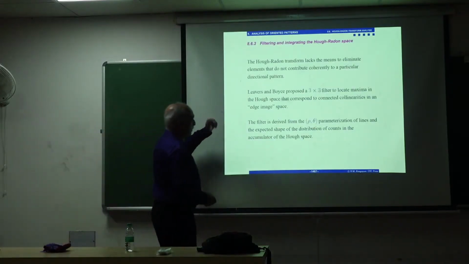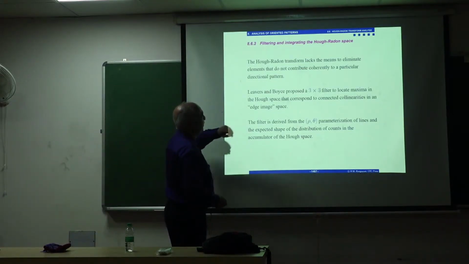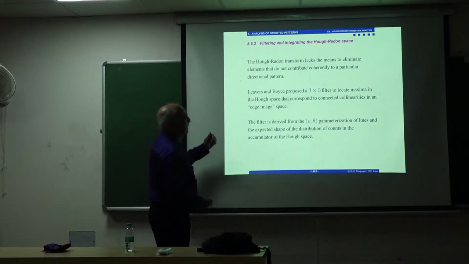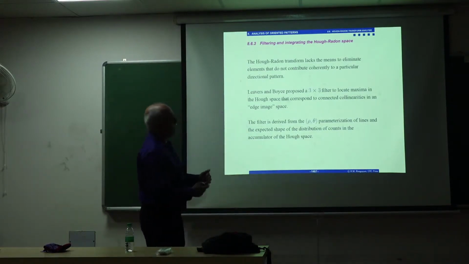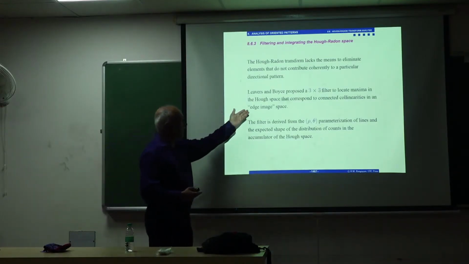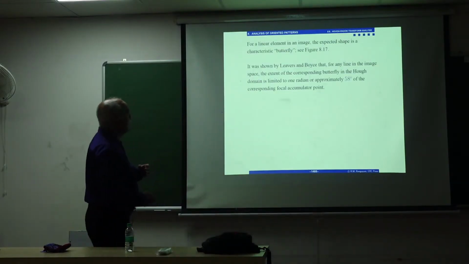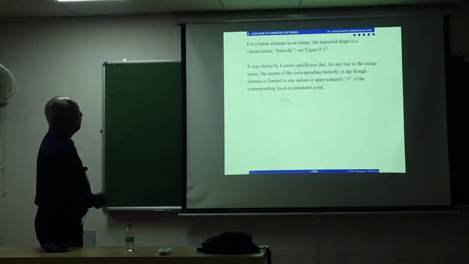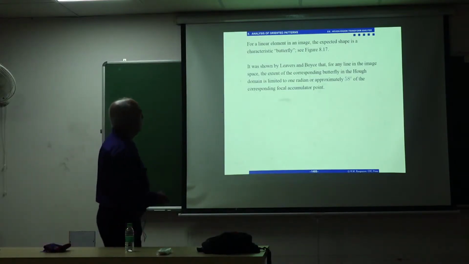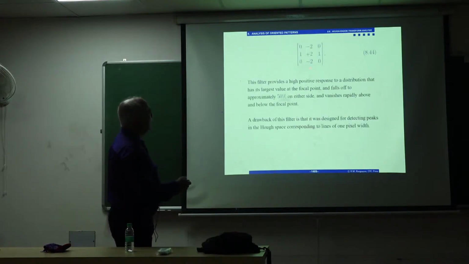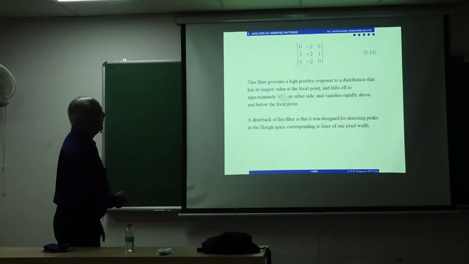There are some methods given in the literature, a 3x3 filter to locate the maxima in the Hough space and connect collinearities, that is pixels that are along the same line, in an edge image space. In our work, this concept of a butterfly was used, and you could manipulate the pixel values of the filter using this concept. The filter used is this, which is a kind of a derivative in one direction and smoothing in the other direction.